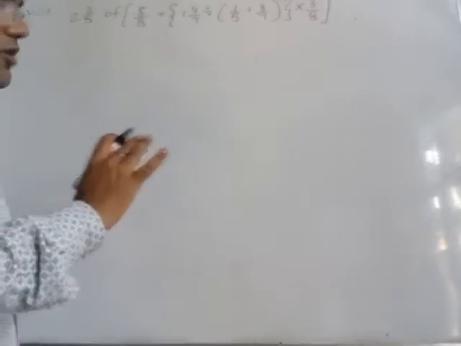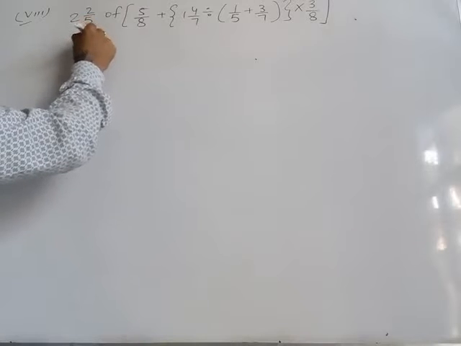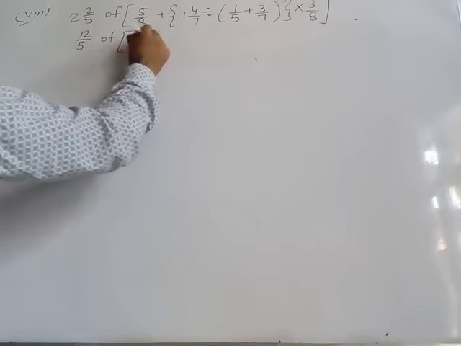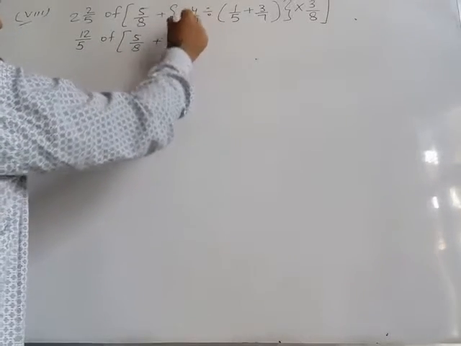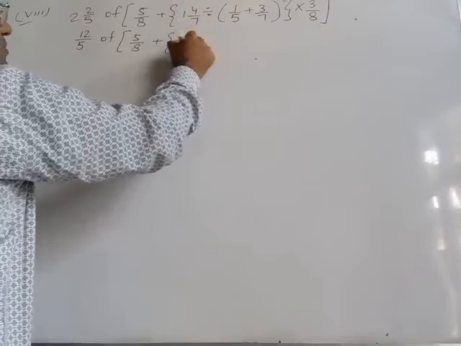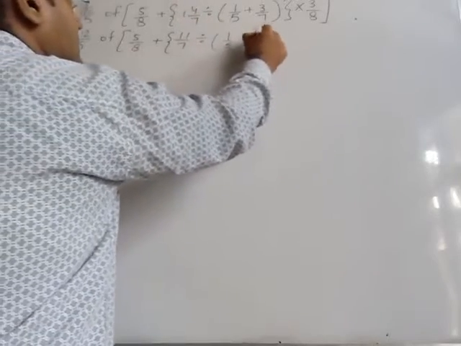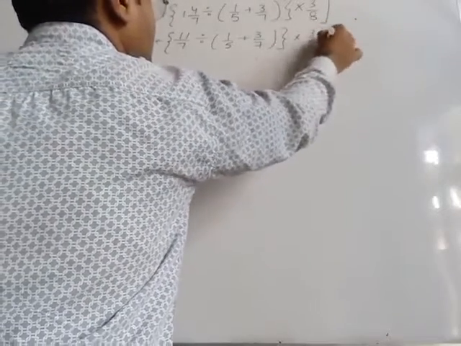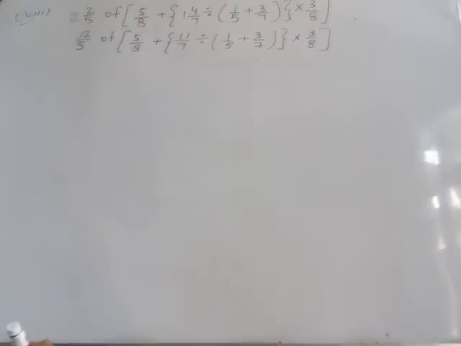First of all, we will change all the mixed fractions. 5 2s are 10, 10 plus 2, 12 upon 5 of 5 upon 8 plus 7 1s are 7, 7 plus 4, 11 upon 7 divided by 1 upon 5 plus 3 upon 7 multiply 3 upon 8. So all the mixed fractions we have converted into improper fractions.